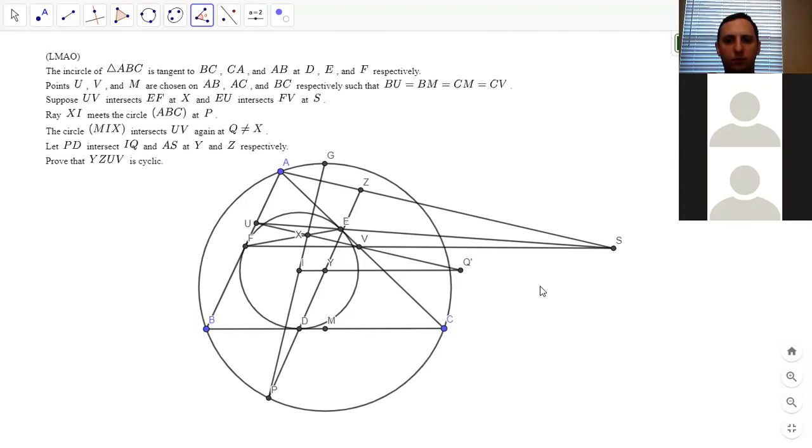We can easily prove that G, Y, M are collinear from ratios. What are the three points? G, Y, M. Okay.